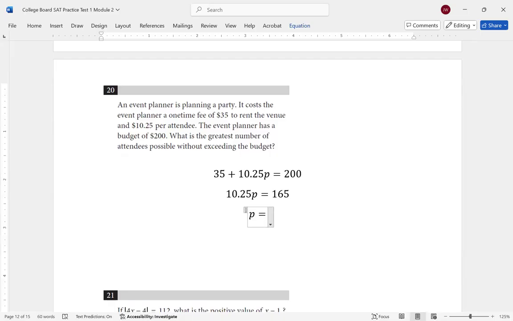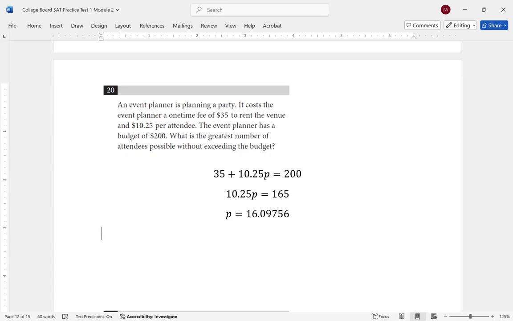And if we were precise, the number of people would be 16.09756. Obviously, we can't invite 0.9756 of a person. That doesn't work. By the way, that's just a rounded number. And so at maximum, we could invite 16 guests.